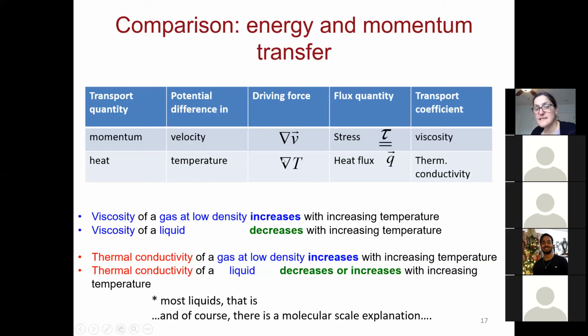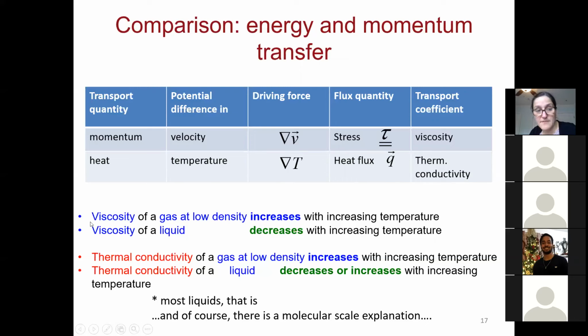So if I have an existing gradient in temperature, there will be heat transfer. Now we're quantifying things with heat flux, often referred to as Q, and more generally, when we have the coupling of the two, there is the energy flux E. And the transport coefficient, the coefficient of proportionality that relates the heat flux to the gradient of temperature, is thermal conductivity K.